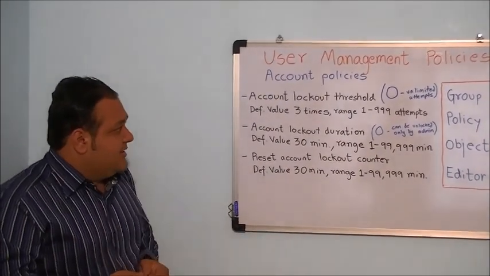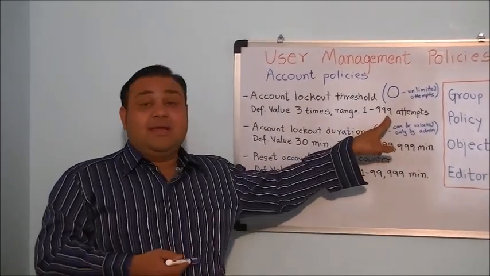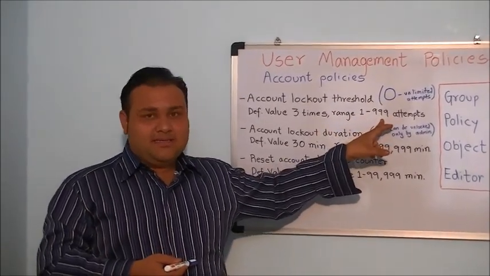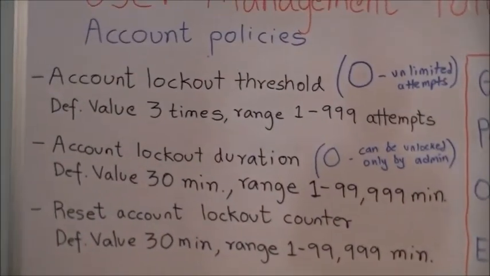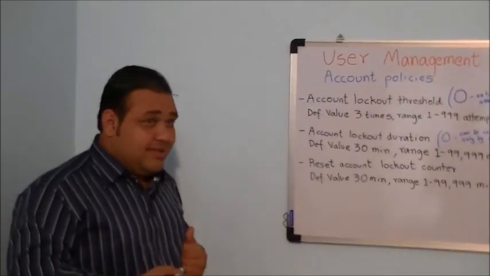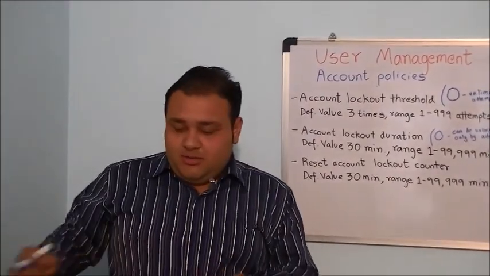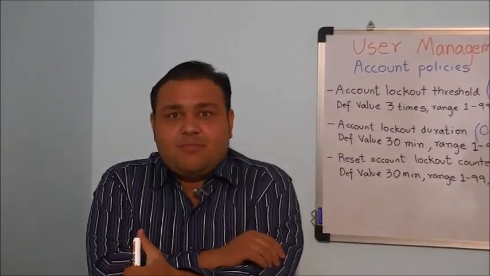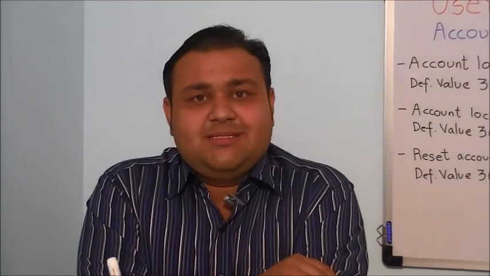The range is between 1 to 999 attempts. It means we can set any number between 1 to 999 attempts and it will be followed accordingly in the network. Let's take an example. John went out of the office 15 days back because there was some personal emergency, and he came back after a long time.